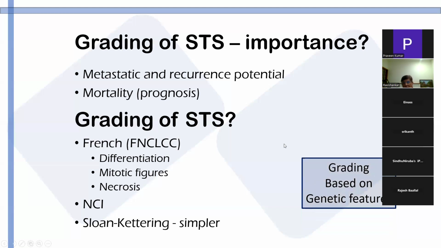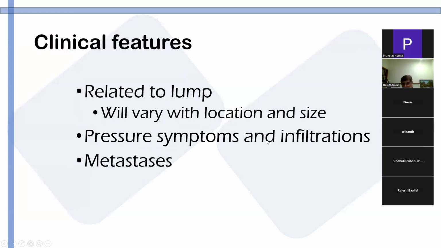The latest addition, to make it even more complicated, is that many of the tumors are genetically mapped, so pathologists are basing the classification on genetic features as well. But that is work in progress. It's not commonly applicable in clinical practice. What is used in clinical practice is most commonly the French system of grading.